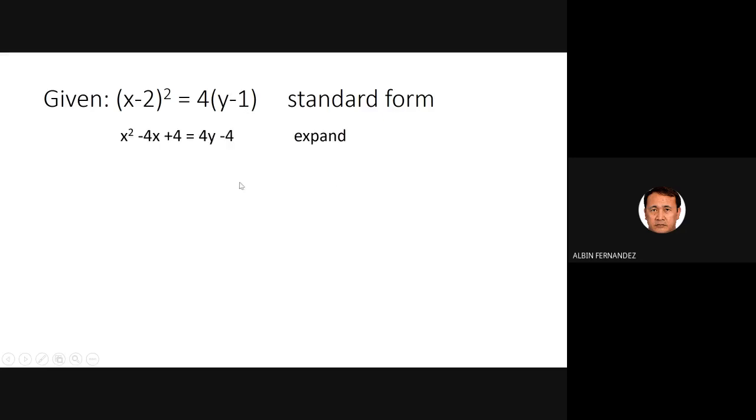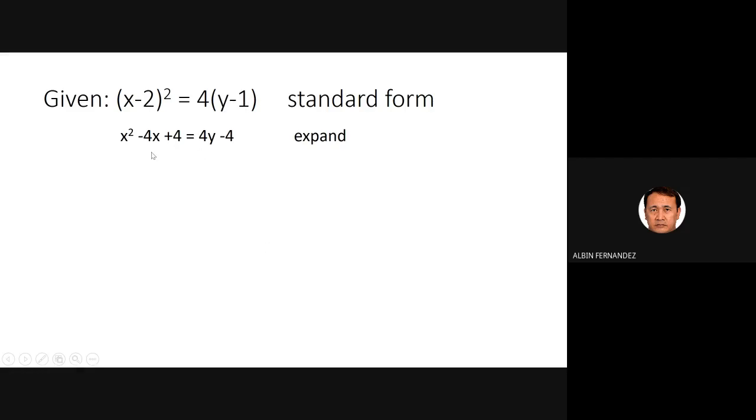That would yield the new form where you square the first term, square the second term, and then multiply the first and the last term, which is -2, by 2 to get -4x for the middle term. Distributing, you'll have 4y minus 4.